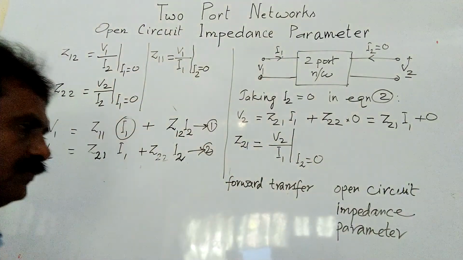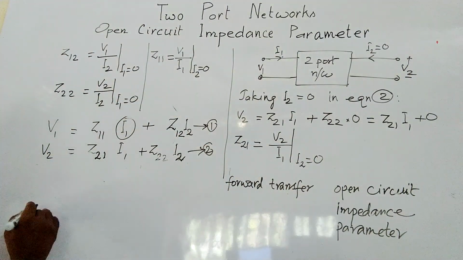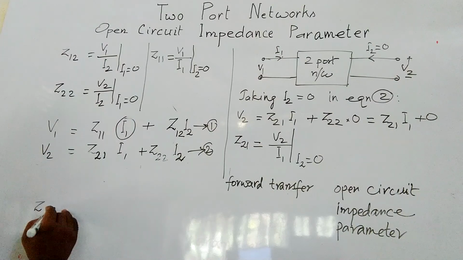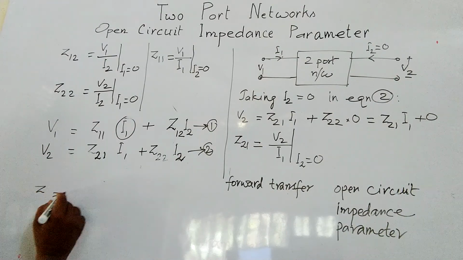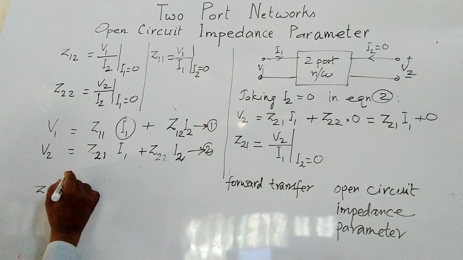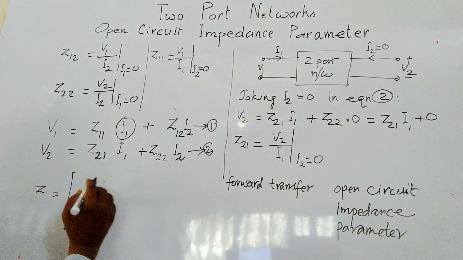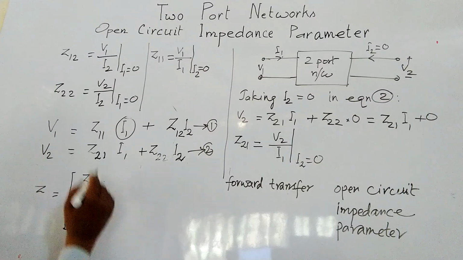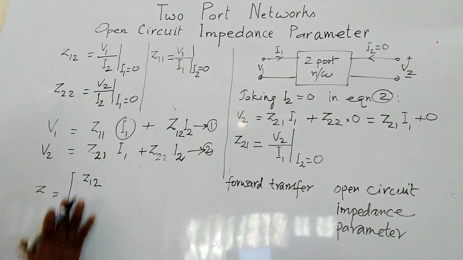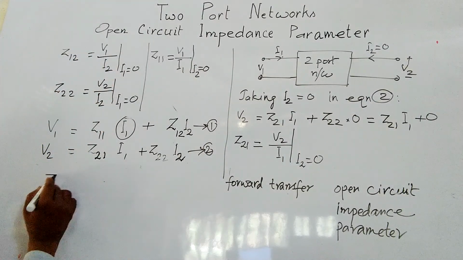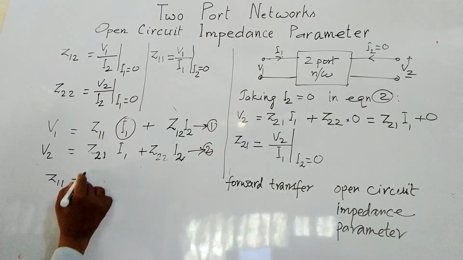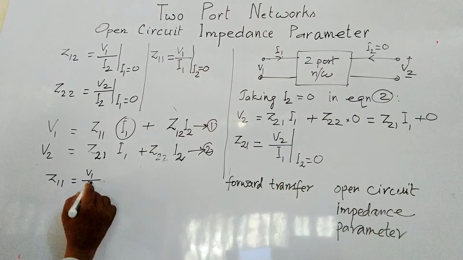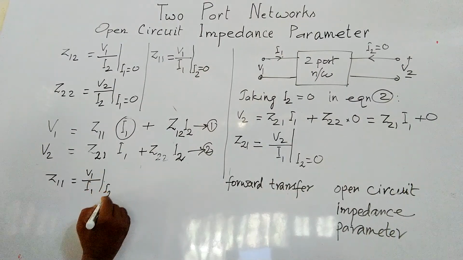Okay, now let us arrange these. The impedance parameters are Z11, Z12, and so on. We have obtained the value of Z11: this is V1 by I1 at I2 equal to 0.